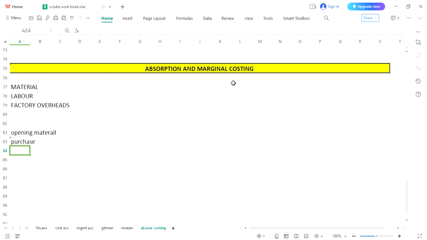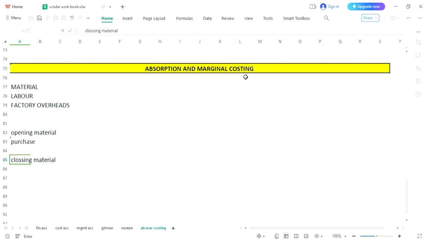Then you were having opening material, and then you have purchased. This would be called your total material present. At the end of the day, if you have some material in your hand, that would be considered as your closing material, and you will write it as closing material.